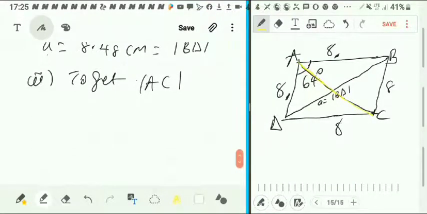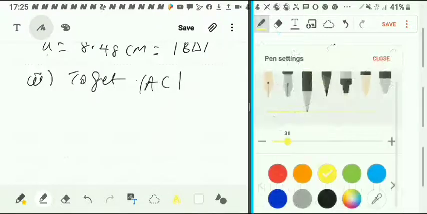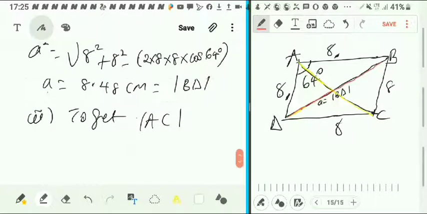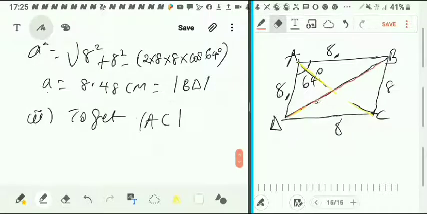Now to get AC, what do we do? So I think the best thing to do in this kind of case, since we already know BD, we've gotten it as 8.48 centimeter.